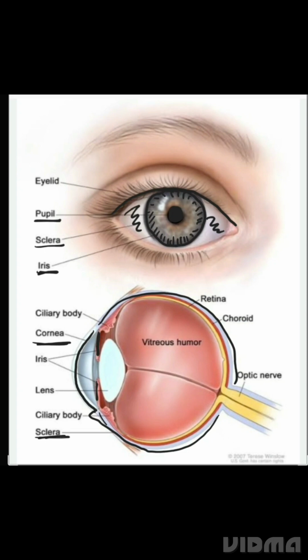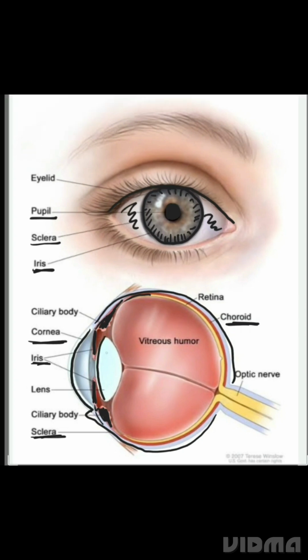This muscle you see here, what is that? It is the iris, which continues as the ciliary body. So this is the ciliary body, here this and this. The ciliary body continues as the vascular structure, the choroid. Now here you have the lens.